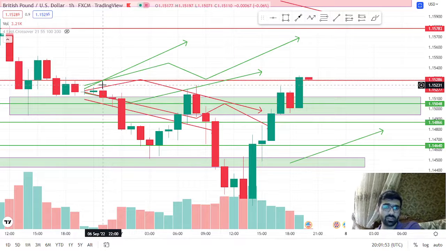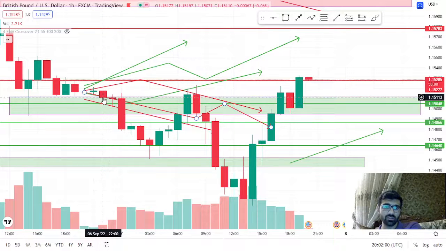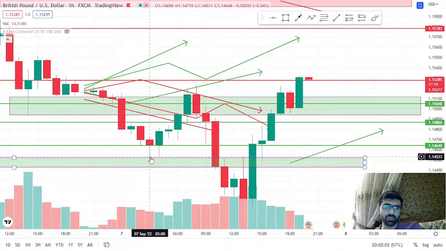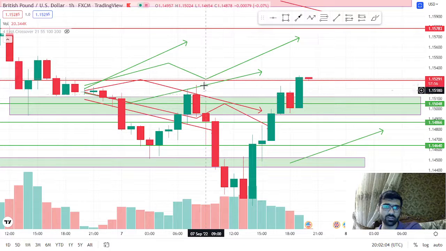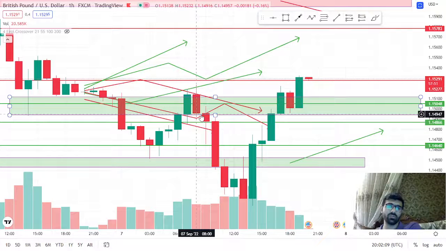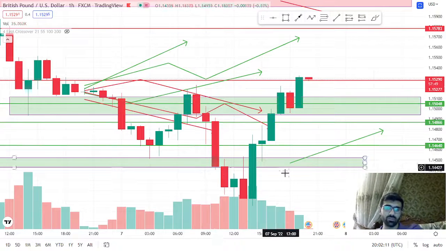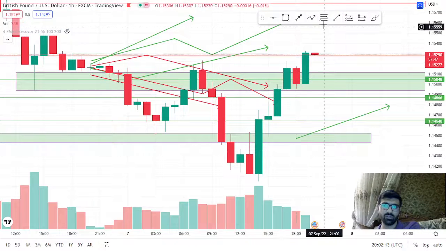They did not really come into play, but our selling setups came into play beautifully. First of all, the risky selling was played out beautifully till here. Then our selling on the second test of this area, and one below this area, was another good profit.